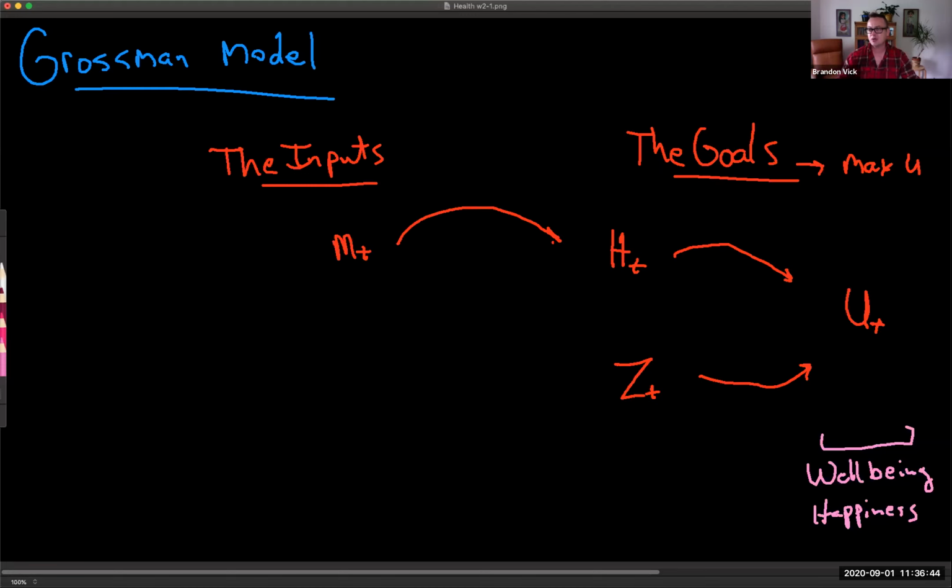With just that description, can anybody give me an example of an input that you might have to buy that helps you become healthier? Can anybody give me an example of something that you might have done personally, or someone you know has done personally? What are a few examples of these types of inputs into health? What do you think we mean here?